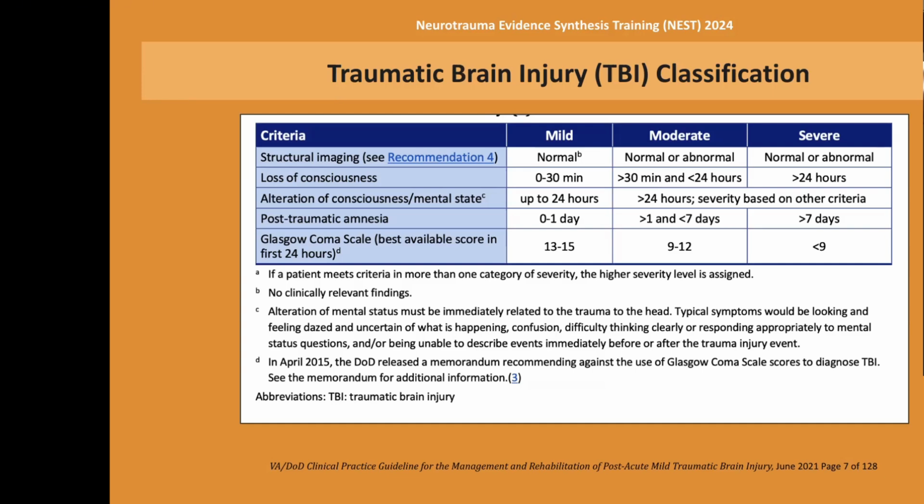The Glasgow Coma Scale is one of the scales that are used to evaluate severity. And we'll look at that in a later slide, how you calculate the score. A score of 13 to 15 is considered mild on the Glasgow Coma Scale, as well as in this concussion classification. But there are many scales to diagnose, and we'll go over a few more of those.